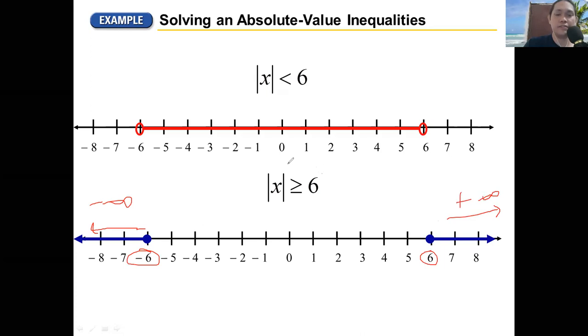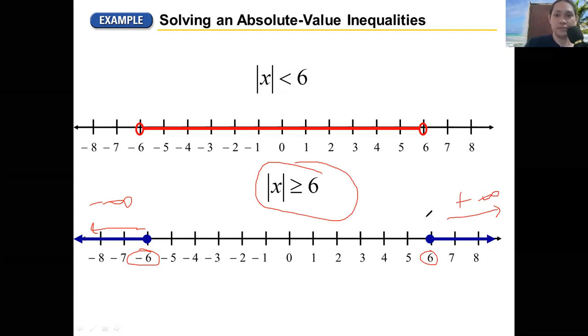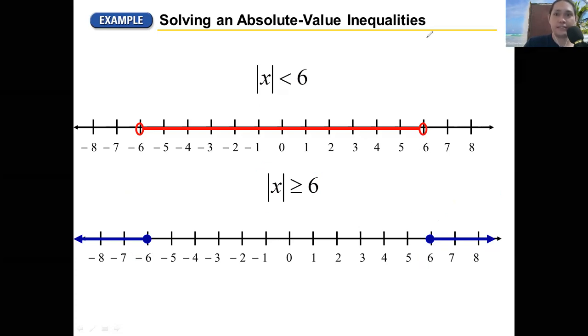So the solution set of the absolute value of x greater than or equal to 6 is from negative infinity to -6, and from 6 to positive infinity. So I want you to take down note of that.